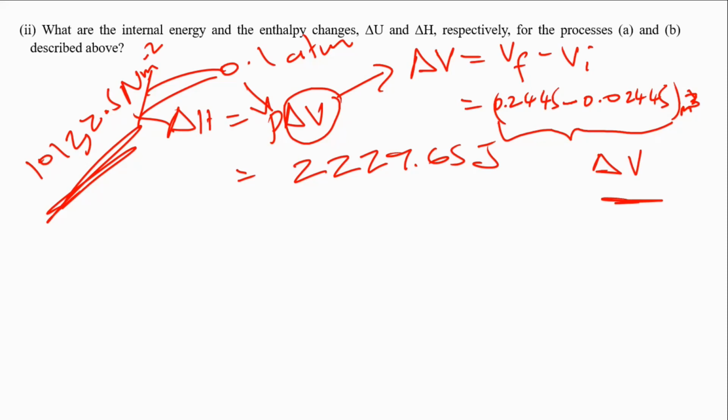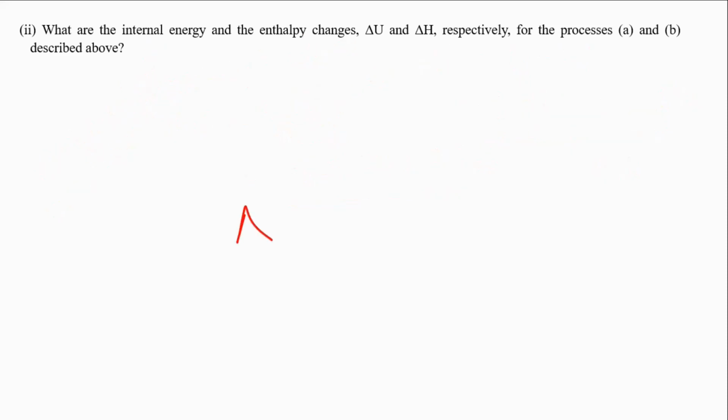For both systems, the delta H is the same, of course. How can that be? We're talking about an irreversible versus a reversible system. So how is it possible that they have the same delta H? Remember, delta H is a state function.